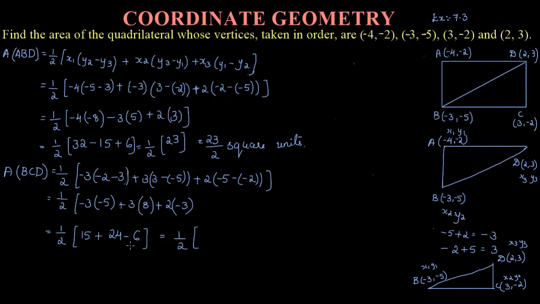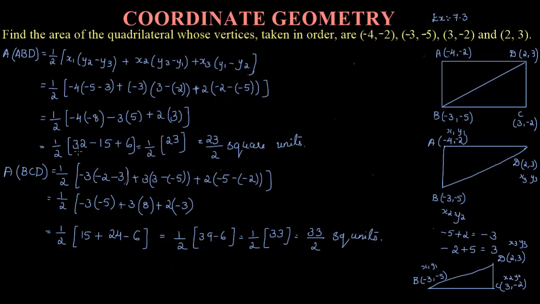And then how much you are going to get? It is 39 minus 6. Right? So 1 by 2 into 39 minus 6 is nothing but 33. So 33 into 1 is 33 by 2. Here also square units.